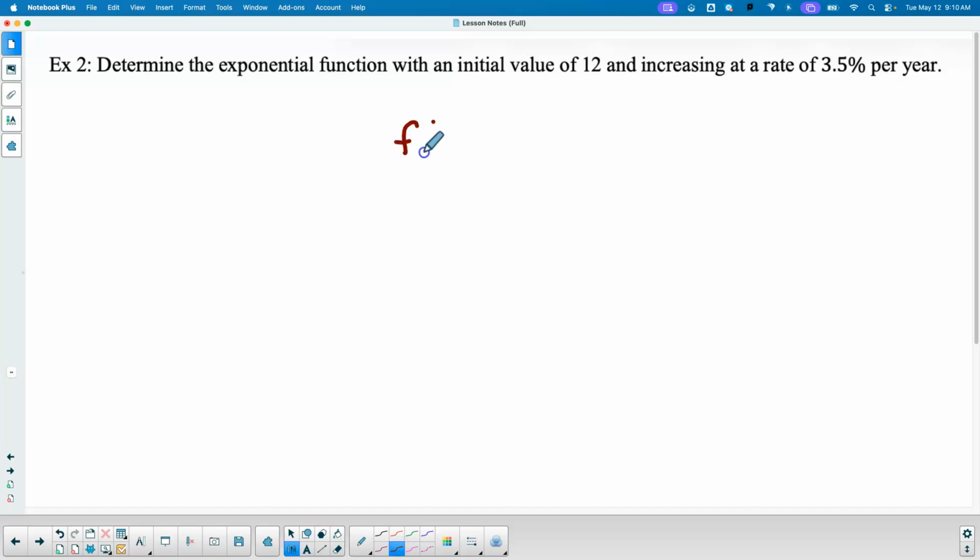So we'll say f of x is equal to what? 12 times 1.035 to the, in my case, it's going to be x because I went f of x.